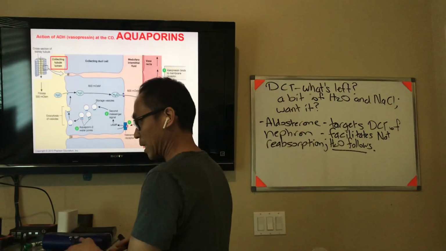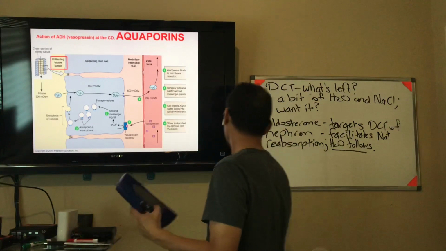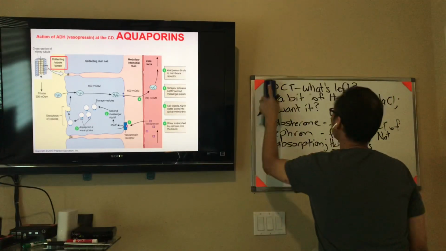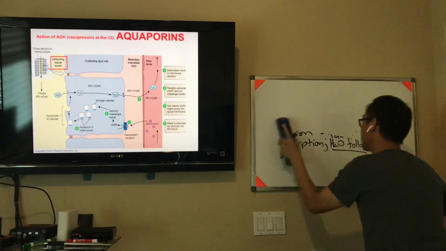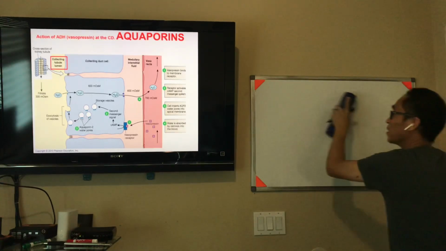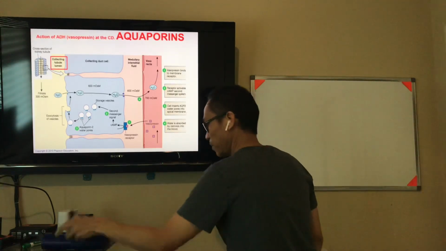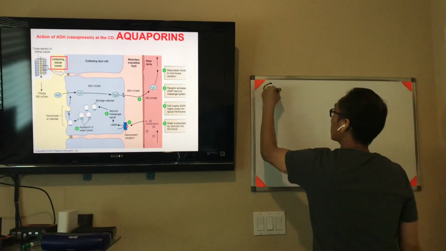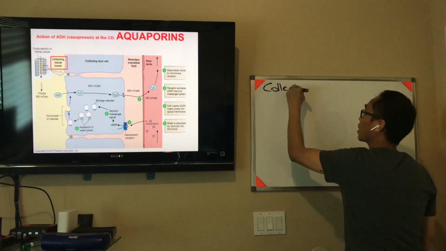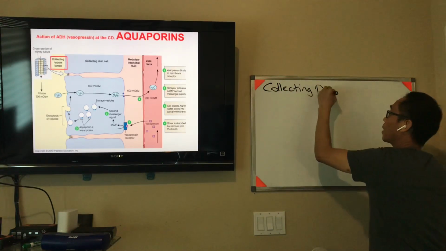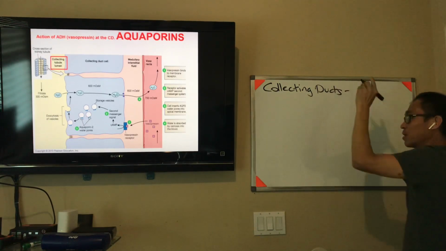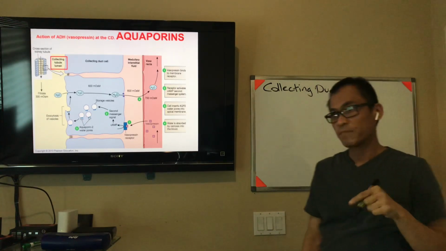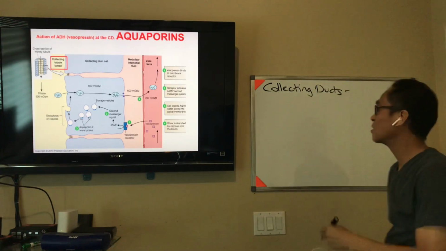Again, another review slide from endocrine. So in the collecting ducts, why are they called collecting ducts? They're collecting filtrate from several nephrons.